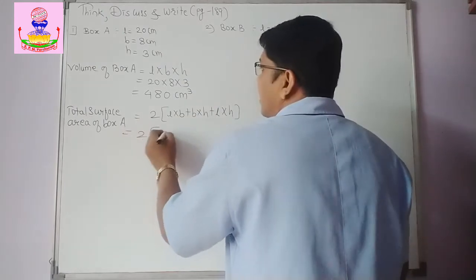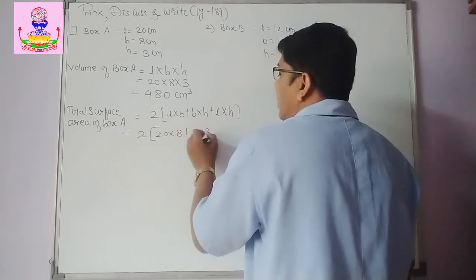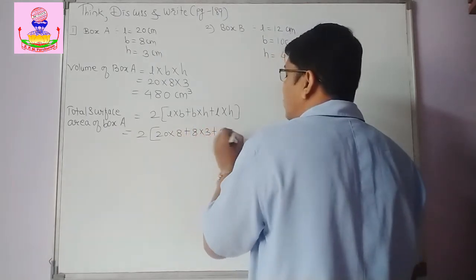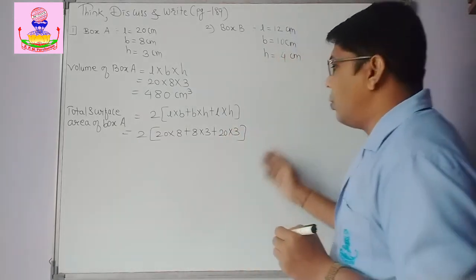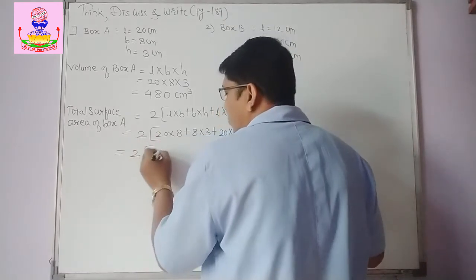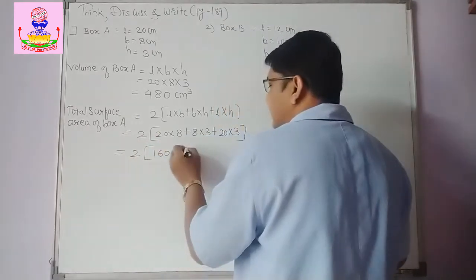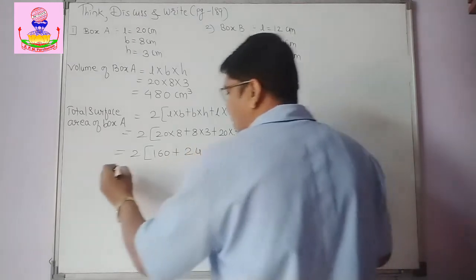So 2. What is the length? 20 into 8, 8 into 3 plus 20 into 3. Okay. Now 2 into 8 is 160. 8 3s are 24 and 20 3s are 60.